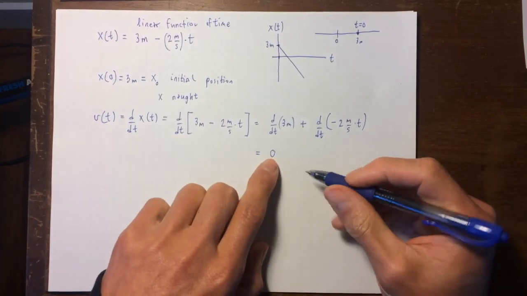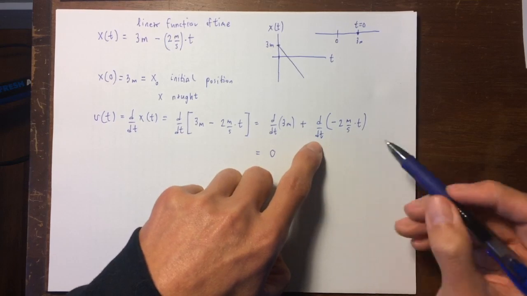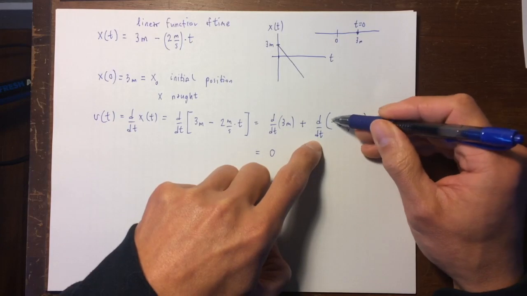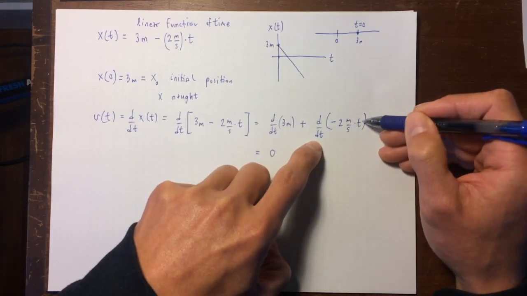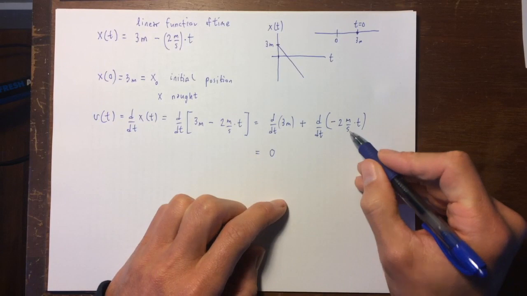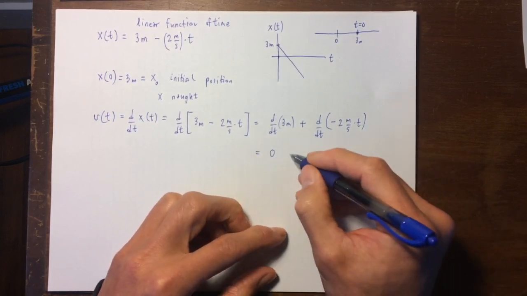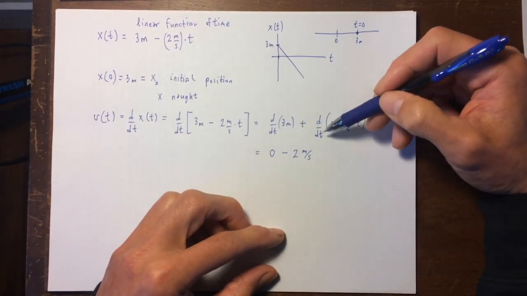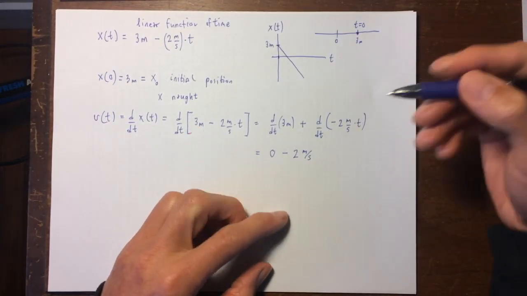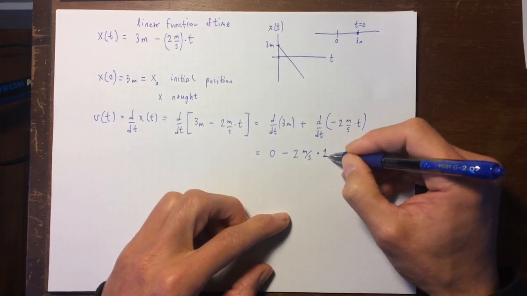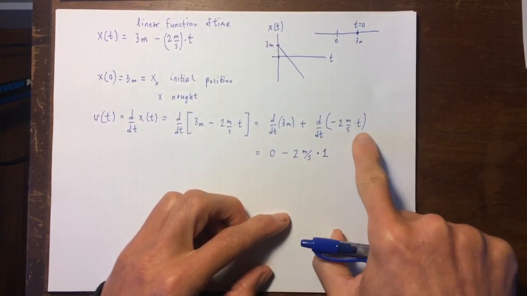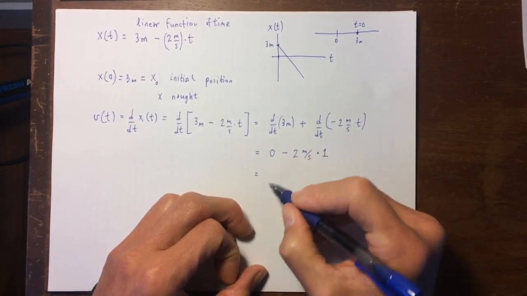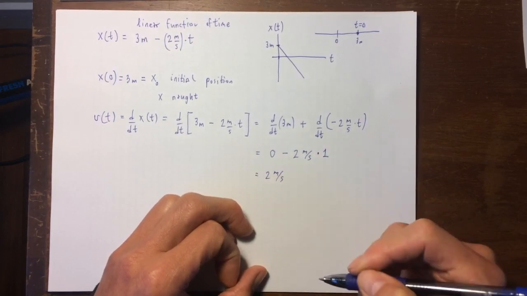I hope you agree with me. The derivative of the second thing, though, everything in front of the t is like a constant coefficient on the variable t. I think you know enough calculus for me to say that this is minus 2 meters per second, because the time derivative of t is 1. So maybe I'll put that 1 explicitly. This 1 is d by dt of t. And the negative 2 meters per second just stays along for the ride. So I'll finish it and write 2 meters per second.